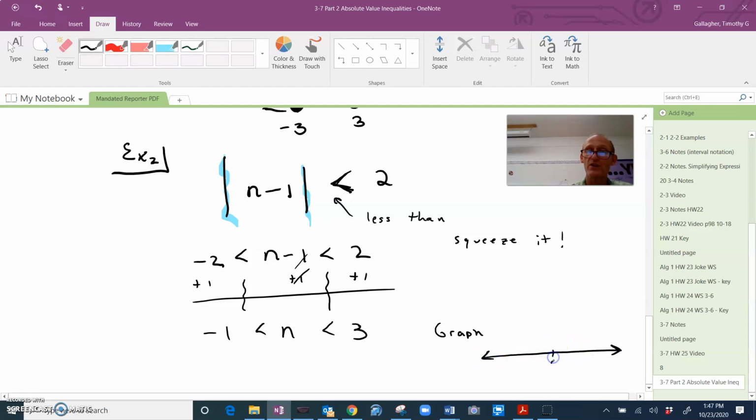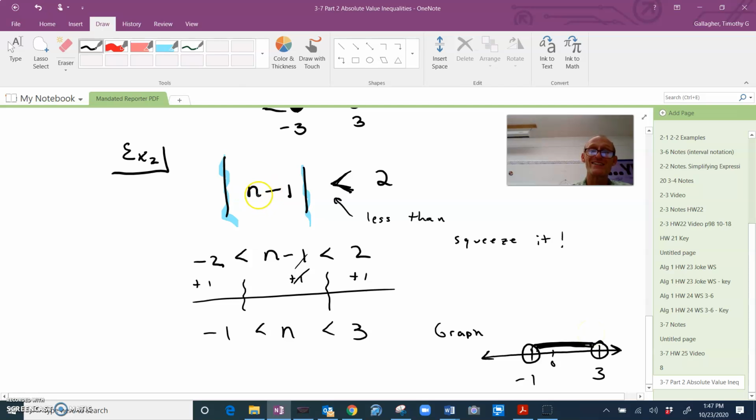I'll put a 0 in here, and then I'll put a 3 here, and a negative 1 here. I'm going to have an open circle here, an open circle here, and it's squeezed in there. So it's got to be in between. So the solutions are in between negative 1 and 3, right?